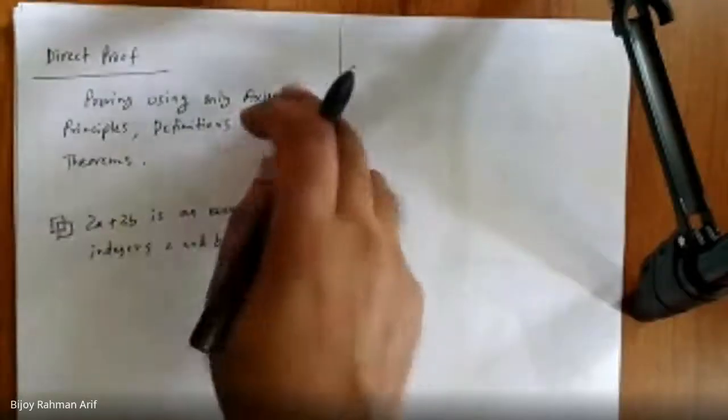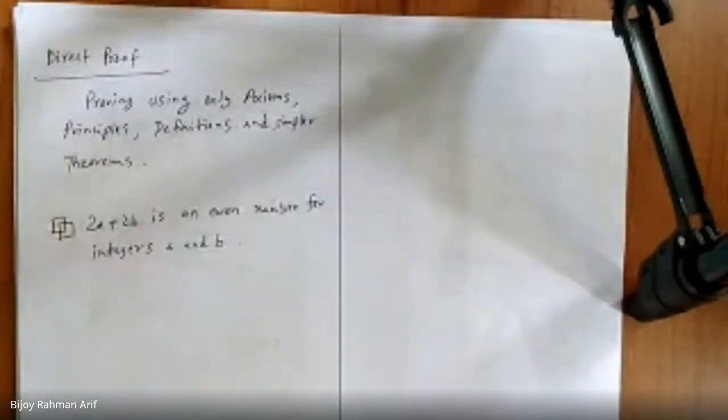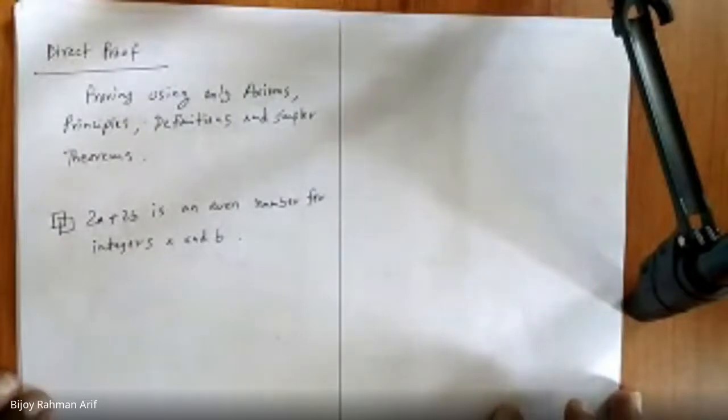So 2 is even, and when you multiply even with n number, it will become even. So what are your axioms, principles, or definitions? Definition, we know that. We know the definition of even number. Fine. What axioms are you going to use? Sir, addition of two even numbers is an even number. And if you want to use that one, you have to prove that one. So let's use these axioms.